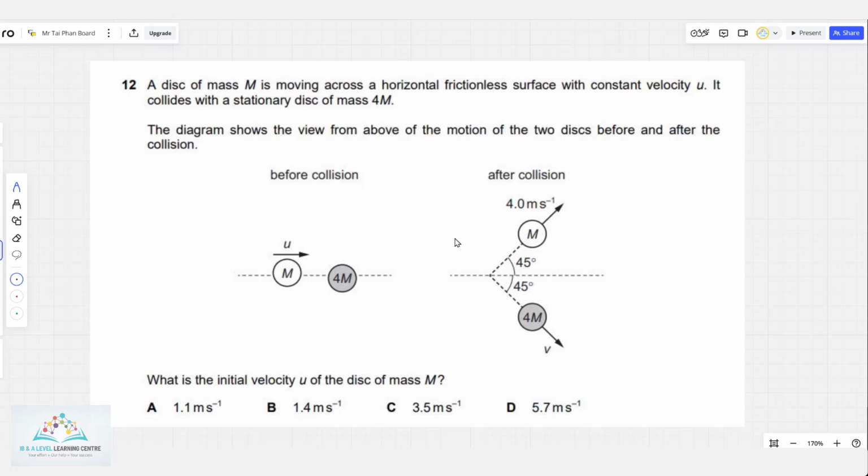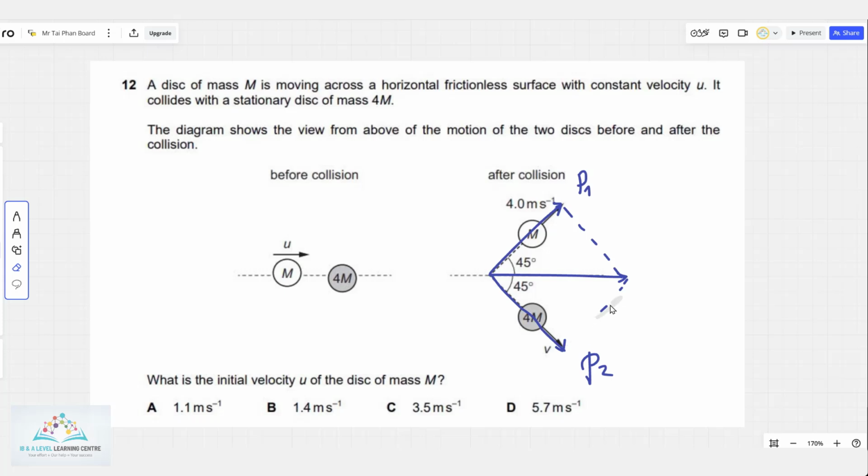In this case, conservation of momentum means that the sum of the two vectors, this vector representing the momentum p1 of the disk m, and another momentum down here, p2 of the second disk, must be equal to the momentum before the collision, meaning the initial momentum is this horizontal vector here.